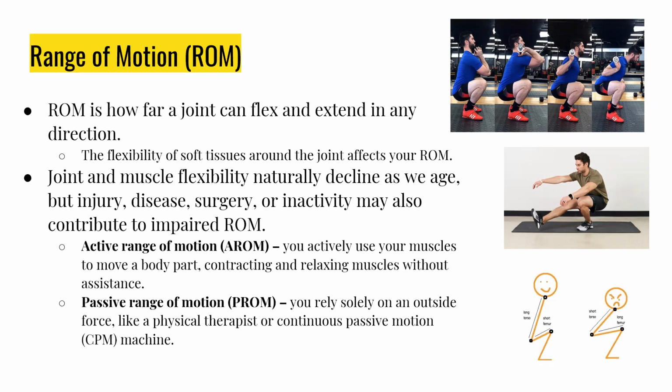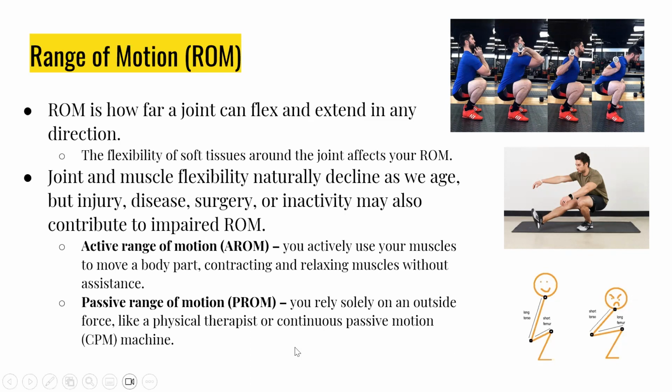And slowly improve the range of motion back to what it used to be. So you have active range of motion. You actively use your muscles to move a body part, contracting and relaxing muscles without assistance. And you have passive range of motion, where you rely solely on an outside force, like a physical therapist or a continuous passive motion machine.